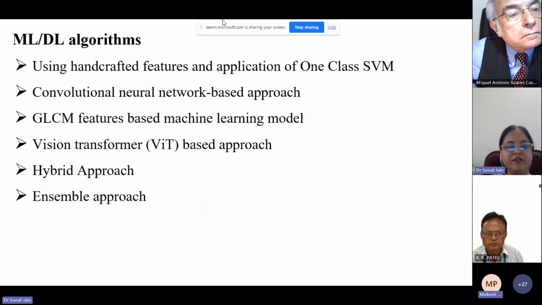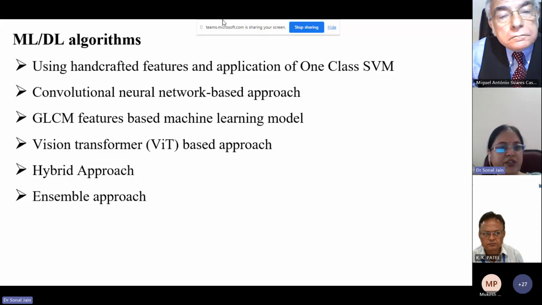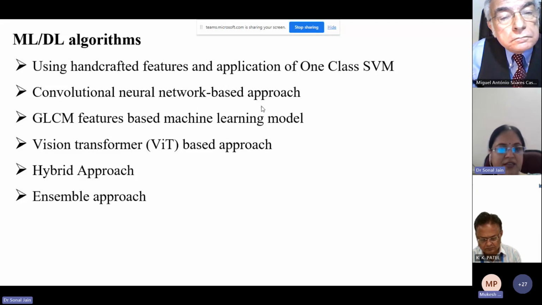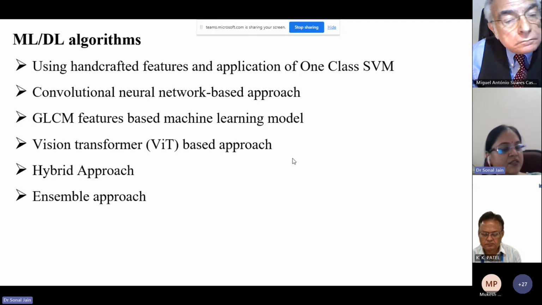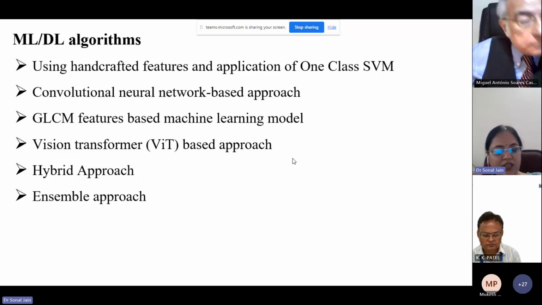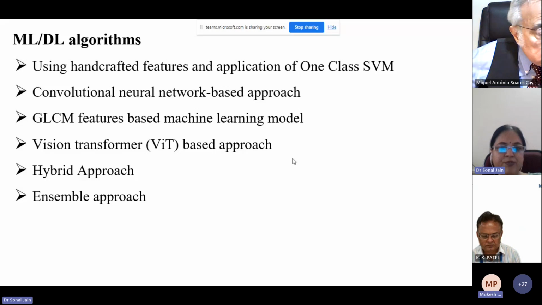Sharing about machine learning and deep learning algorithms, we worked on six variations. We started with handcrafted features and application of one-class SVM, CNN. We have modified CNN as well, and we also used a pre-trained network. GLCM features, the gray level co-occurrence matrix, which works on texture. ViT, the vision transformer, which is based on transformer models, quite popular for natural language processing.